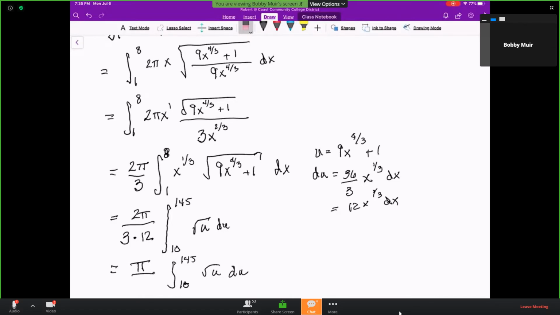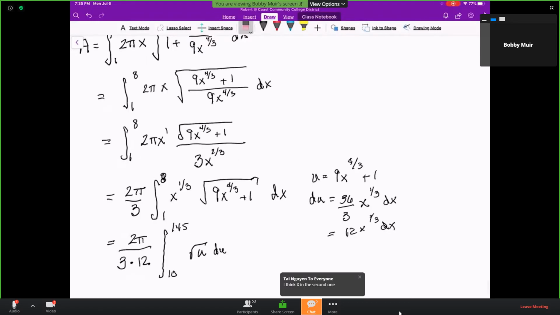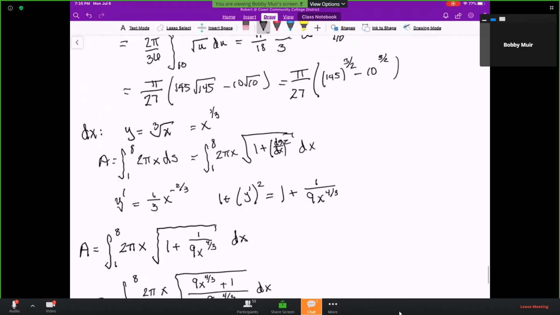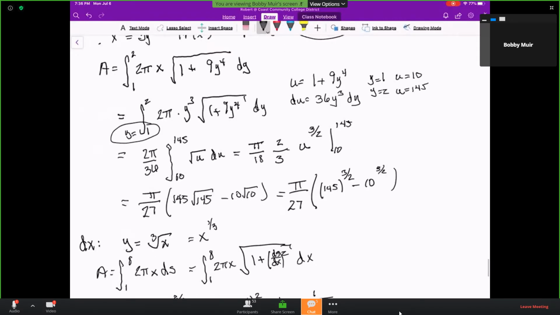This is going to be, well, it's the same exact integral is the point I was trying to make. So we can forget all this. This is the same exact integral that we got. This one right here is right there.